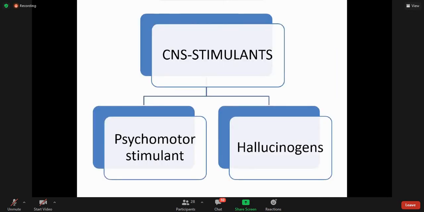Now the second group; we were discussing the psychomotor stimulants. One important point I want to discuss: like amphetamine, which we have already discussed, there are different derivatives that are being used illegally, right? You might have heard the name of a drug called ecstasy.